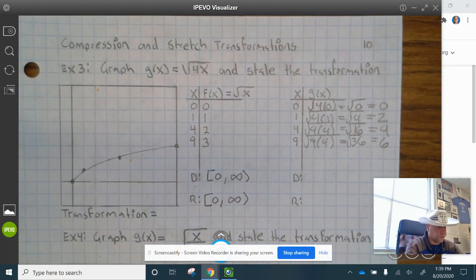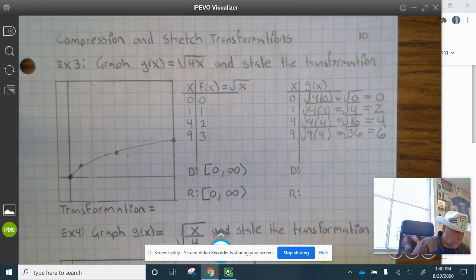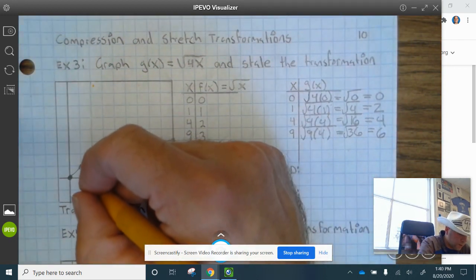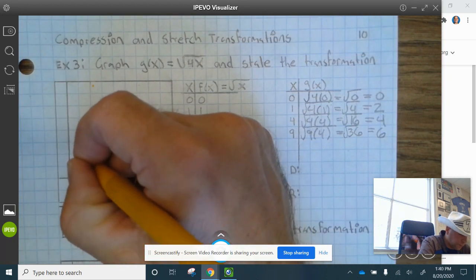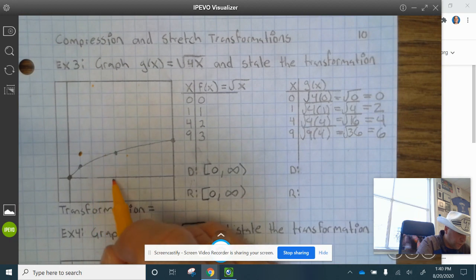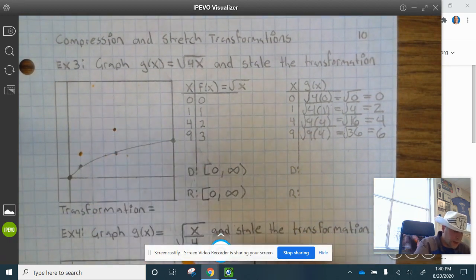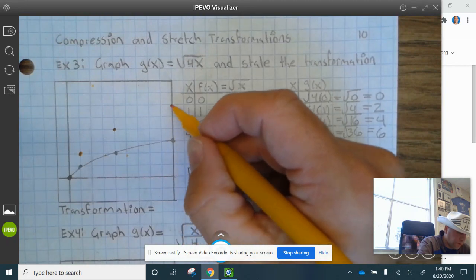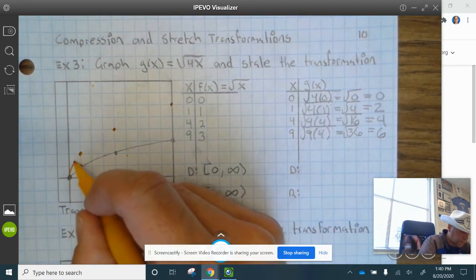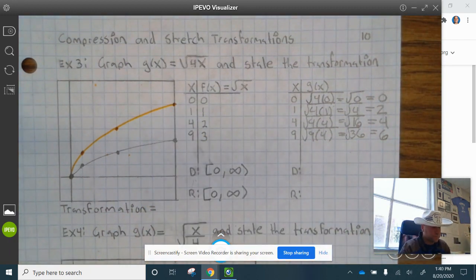Okay, so let's graph those points. So then you have (0, 0), (1, 2), (4, 4), and (9, 6).